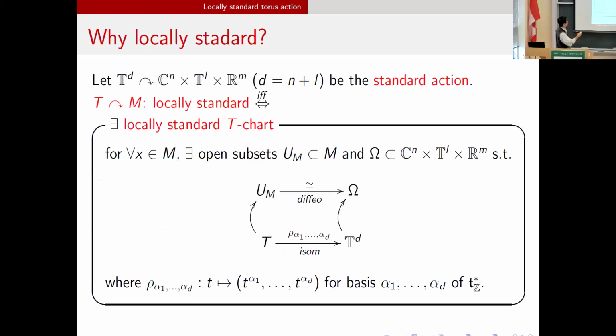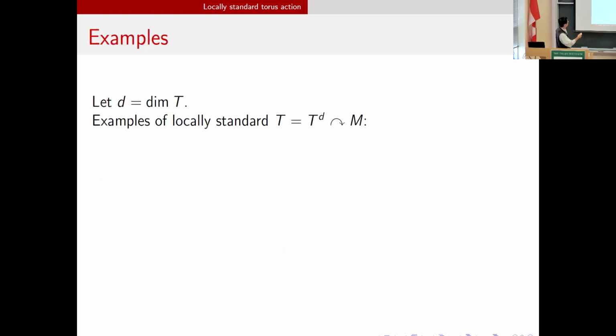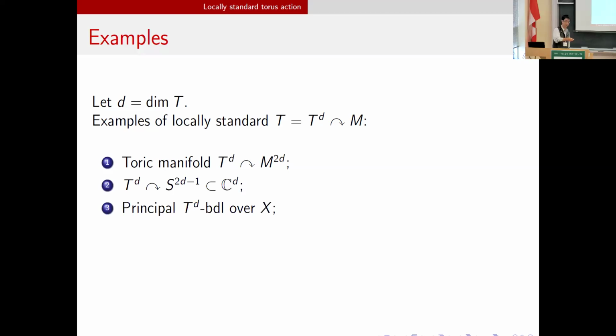In the usual definition, the toric manifold is called a standard action, but in our setting, it is the more general case. Okay, can I continue?